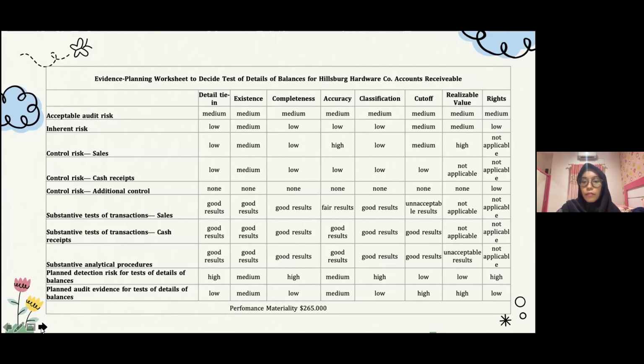First up, we have the evidence planning worksheet to decide tests of details of balances for Hillsburg Hardware Corporation's accounts receivable.